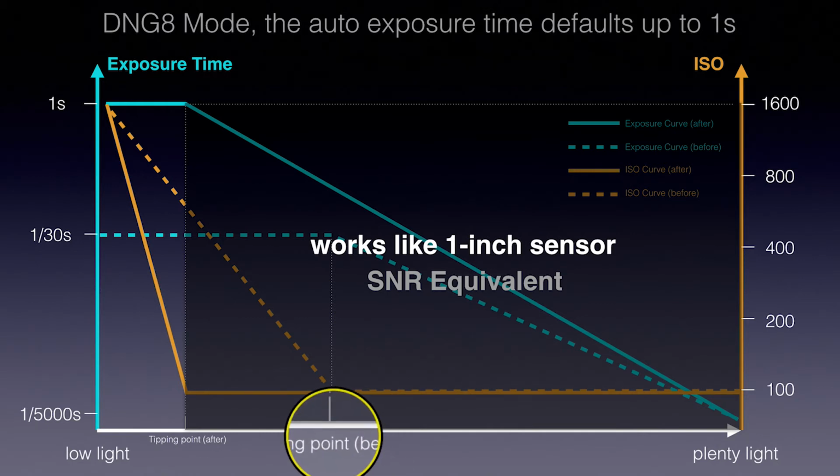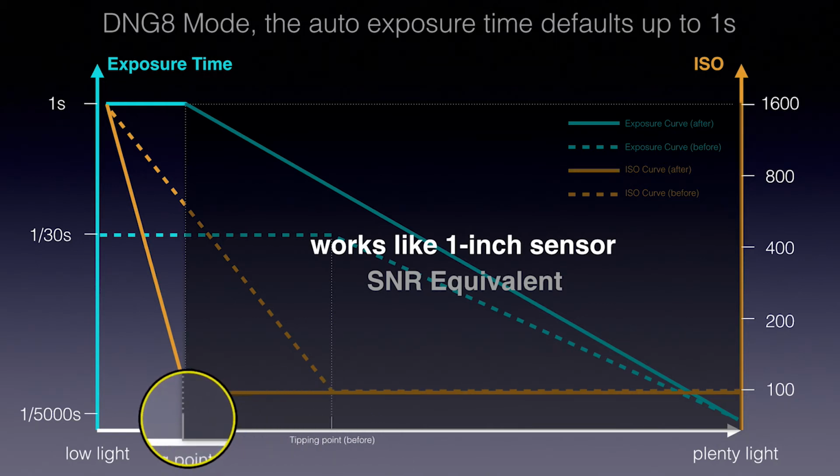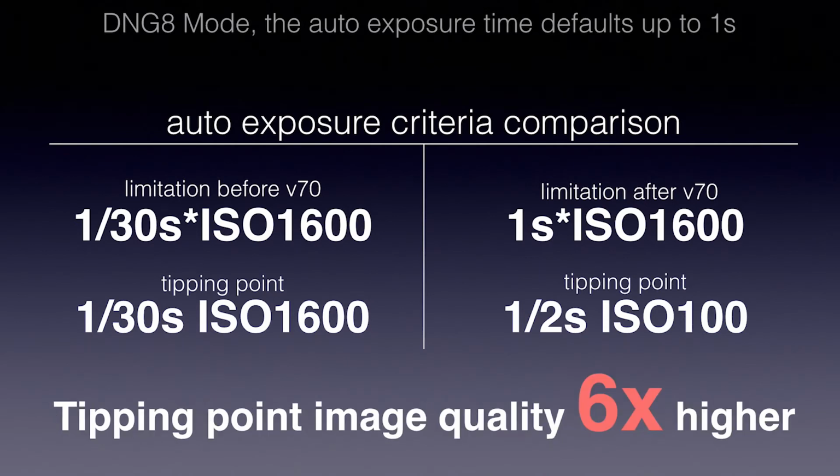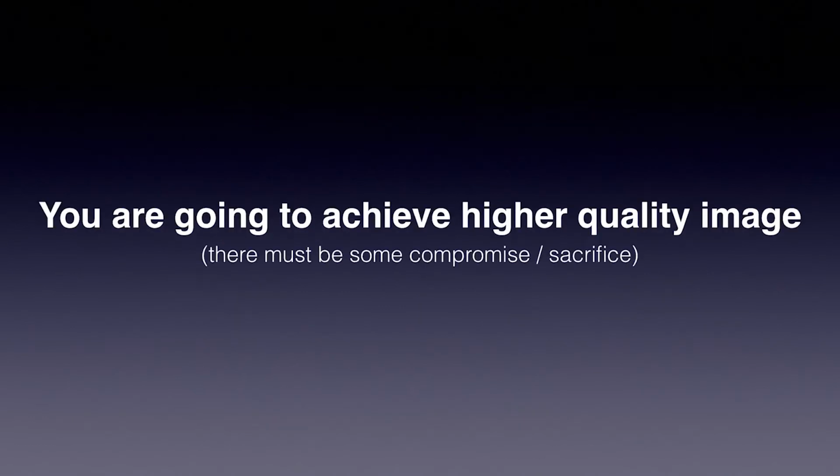Once the tipping point has been moved to the darker area, that's the darkest situation in which you can get the highest imaging quality possible with the automatic exposure mode. So the night shooting has become 30x more powerful, and the tipping point imaging quality has become 6x higher than ever before. That is the point of this firmware upgrade. And you are going to achieve higher imaging quality than ever before.